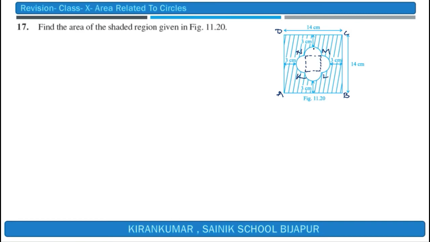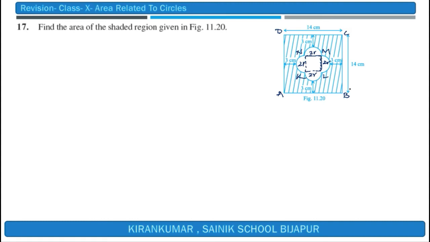Suppose I consider R to be the radius of semicircle, so NM will be equal to 2R, ML will be equal to 2R, KL will be 2R, KN also will be equal to 2R.